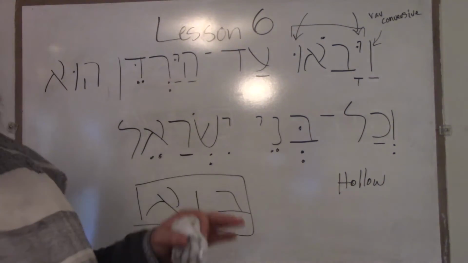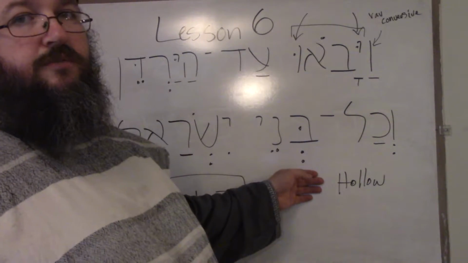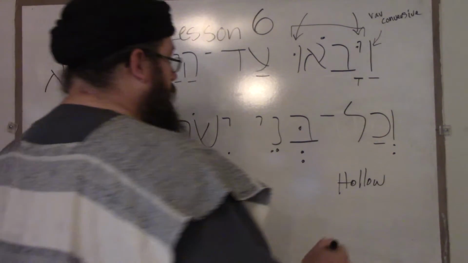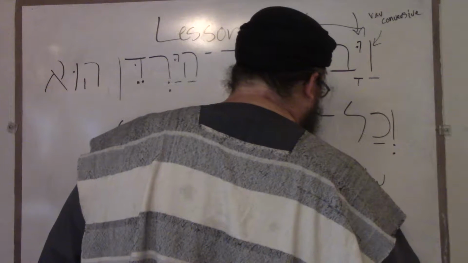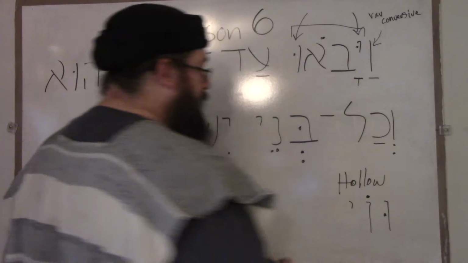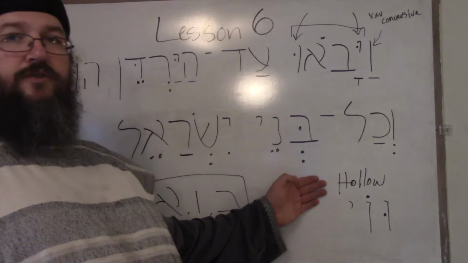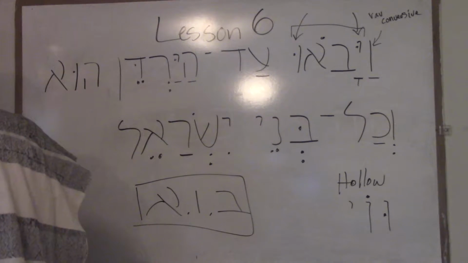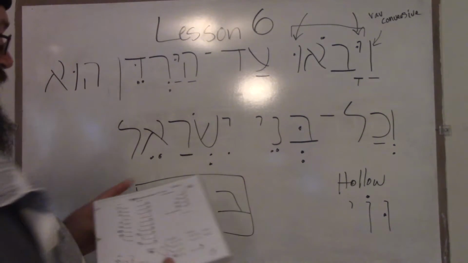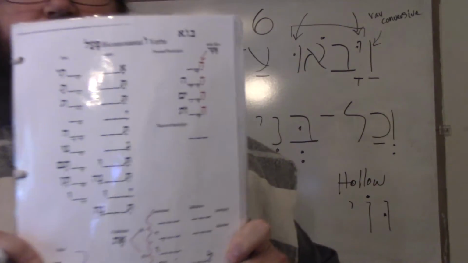And the hollow verb chart is what we're going to utilize for every verb that has a U in the middle, an O in the middle, or a Yud. Okay? So this tells me what verb chart I'm going to be looking at. So when I go to my verb chart and I pull it out, I find that we have something that looks like this.